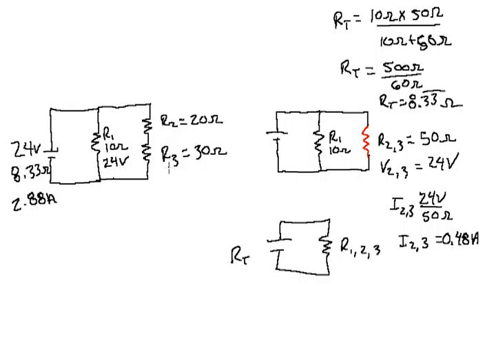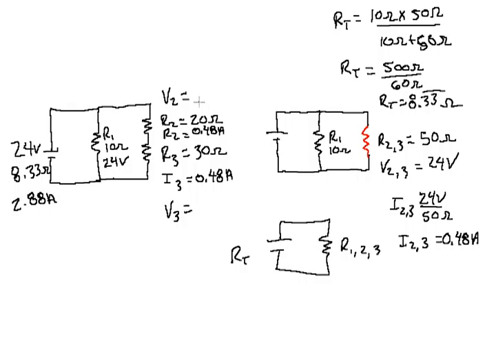Great, so I3 will equal 0.48 amps, and I2 will equal 0.48 amps.